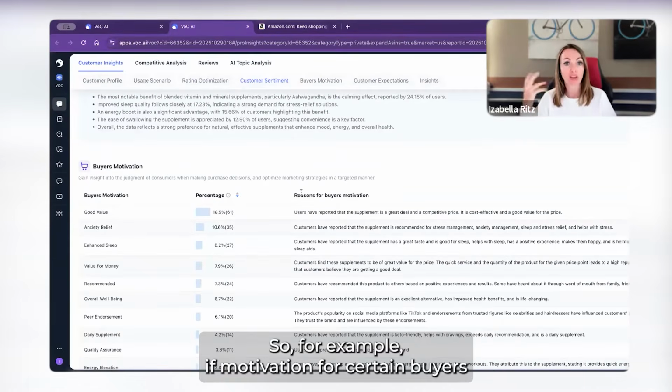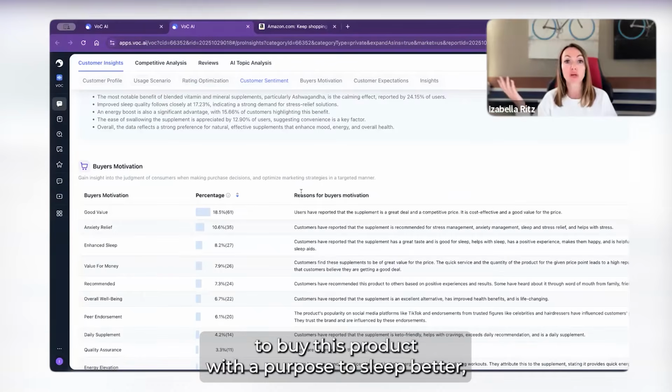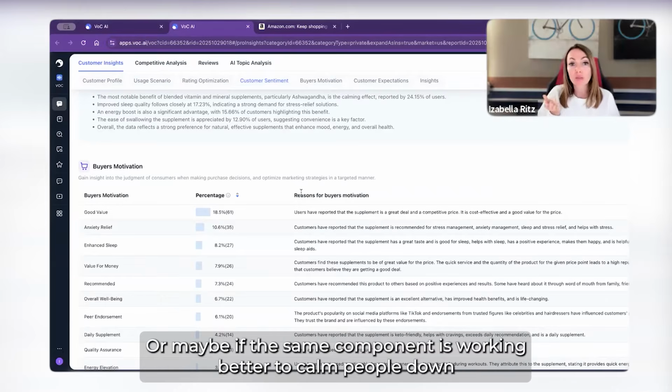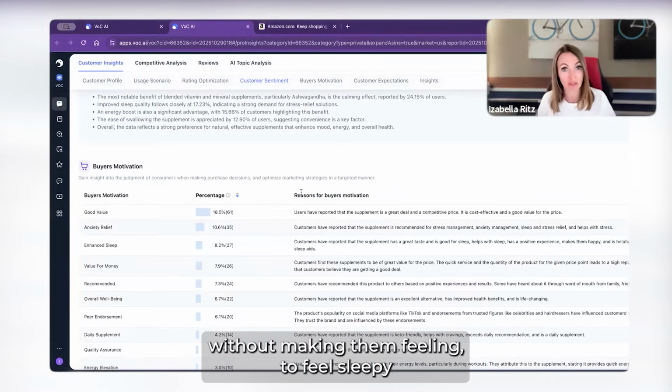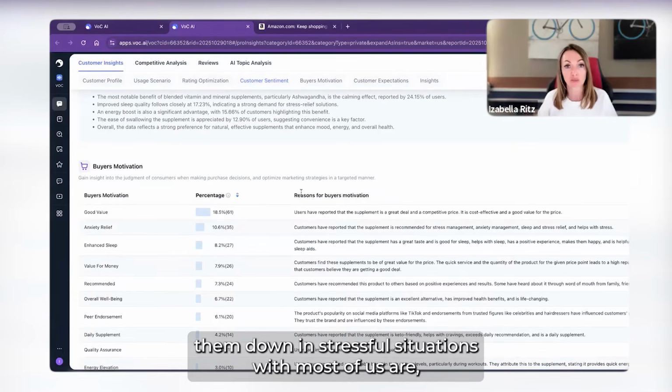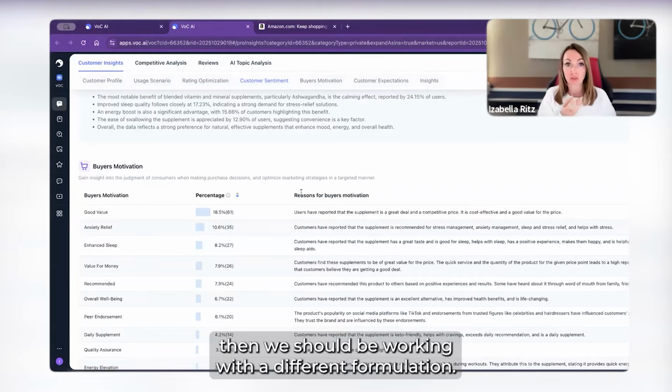So, for example, if the motivation for certain buyers to buy this product is to sleep better, maybe we have to have a certain formula that will help them to fall asleep. Or maybe if the same component is working better to calm people down without making them feel sleepy, and it's just working as stress relief and calming them down in stressful situations, which most of us are in, then we should be working with a different formulation.